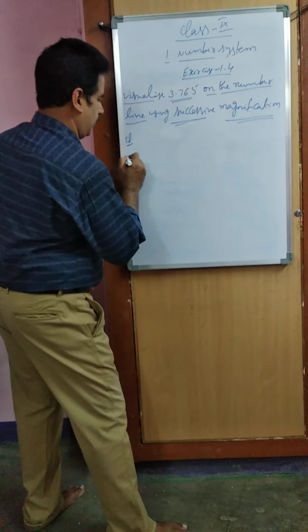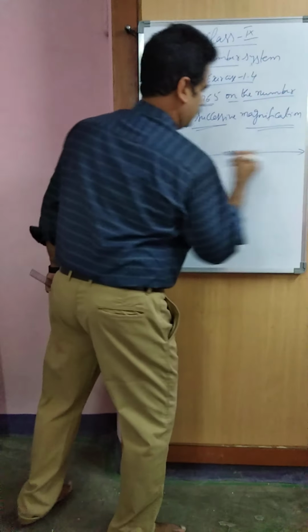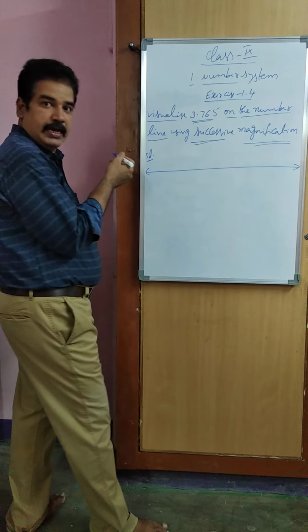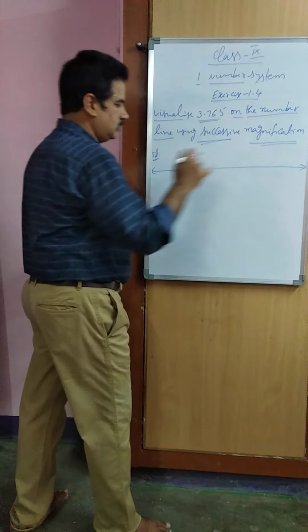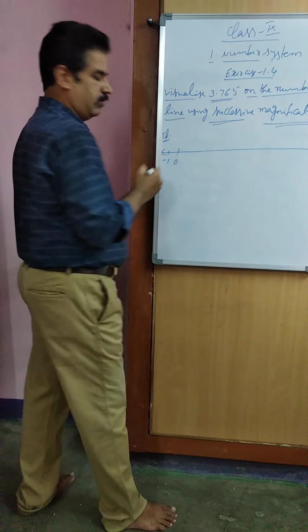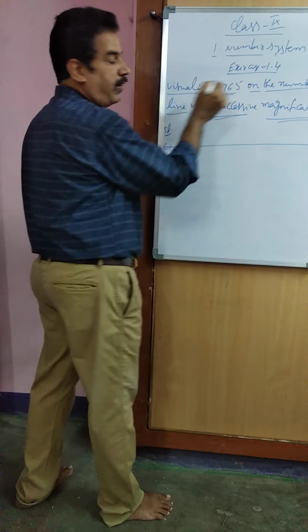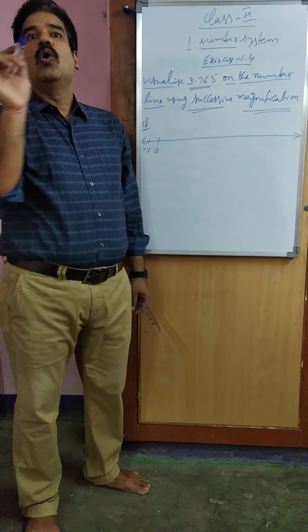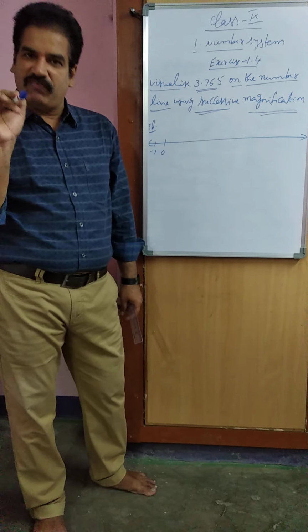First draw a number line. You know, in the number line, this side negatives and that side positives. 0 must be there. There are no negatives here, decimal means -1. 3.765, first you have to identify between which numbers this lies.